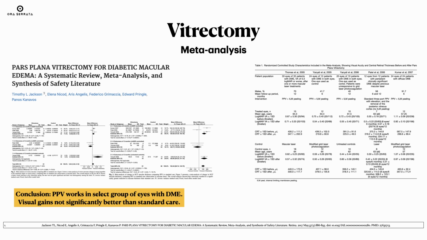Now finally, coming to the surgical treatment of diabetic macular edema. There was a meta-analysis done, and in this they found that pars plana vitrectomy in diabetic macular edema worked only in a very select group of patients. And also in this study they found that the visual gains did not vary significantly from that of standard care, that is the use of laser photocoagulation and anti-VEGF injections.